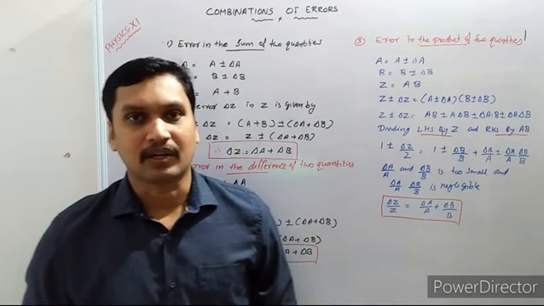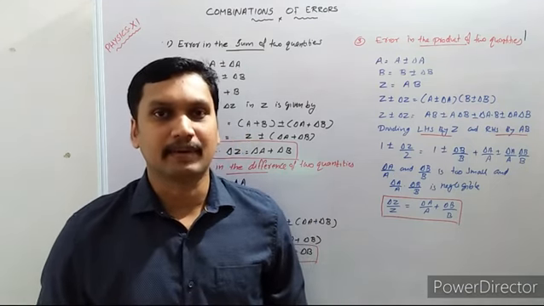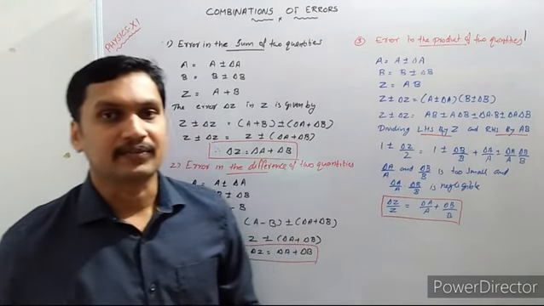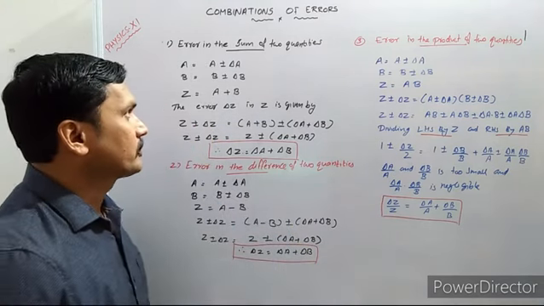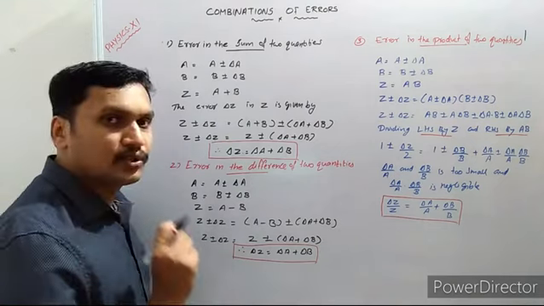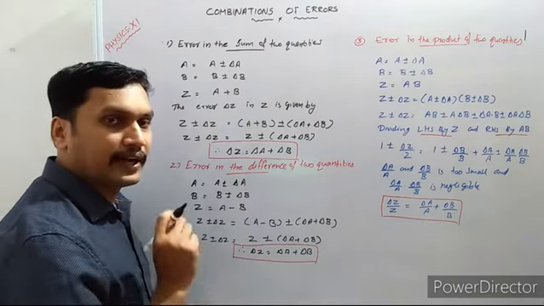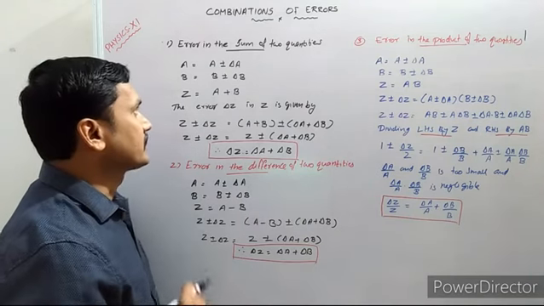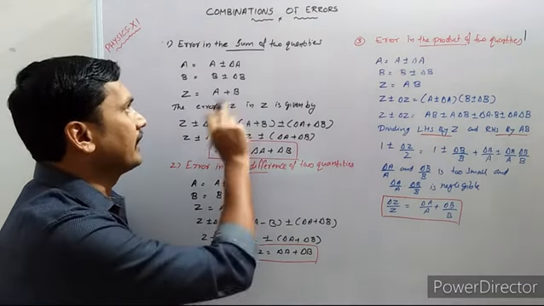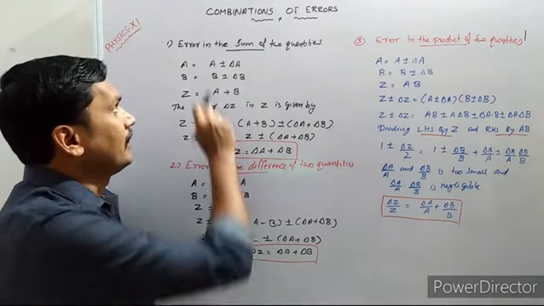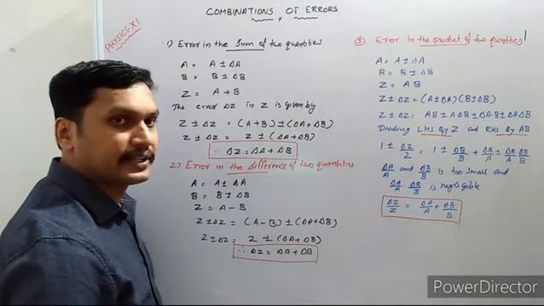Let us see what the rules are to find the maximum possible error in a final result. Suppose we are measuring two physical quantities A and B, and we are finding the final result by adding A and B. That is the error in the sum of two quantities.